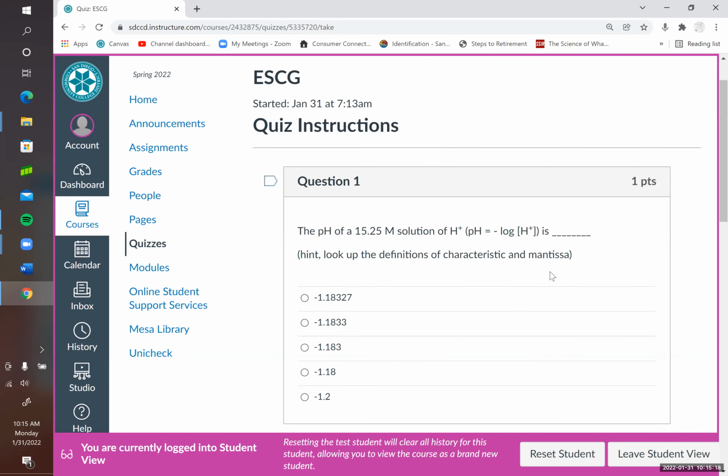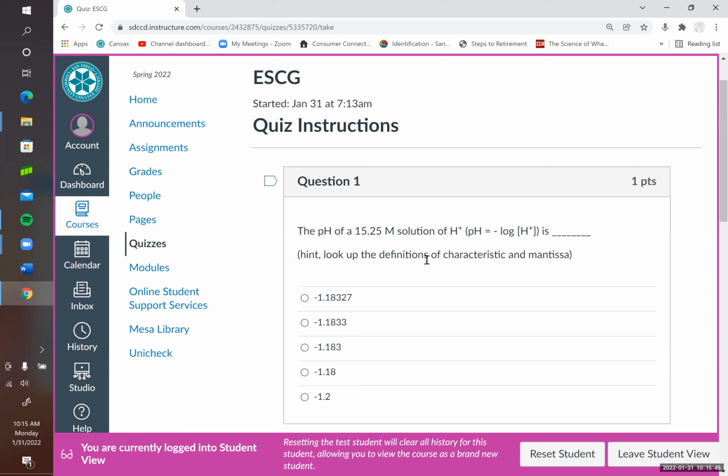So for this electronic spreadsheet and computer graphing pre-lab quiz, it says the pH of a 15.25 molar solution of H+ is. And then it gives you the definition of pH: pH equals minus the log of the H+ concentration.